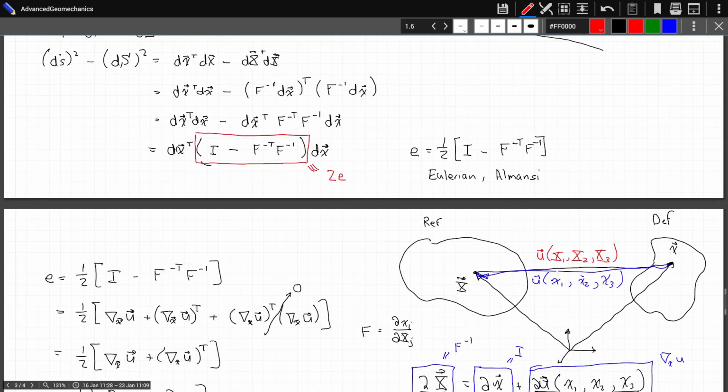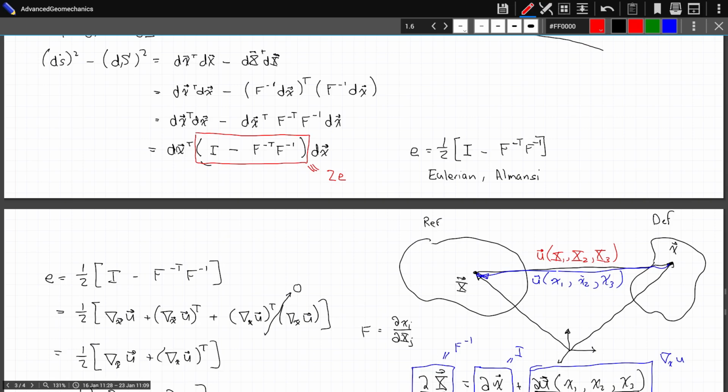All right. So basically, then we also went through those same manipulations in the current configuration, referencing everything to d little x. And then define that as 2 times little e, which we call the Eulerian or the Almansi strain. And again, remember, whenever you hear Lagrangian, you always think reference configuration. Whenever you hear Eulerian, you think current configuration, or deformed configuration, okay?